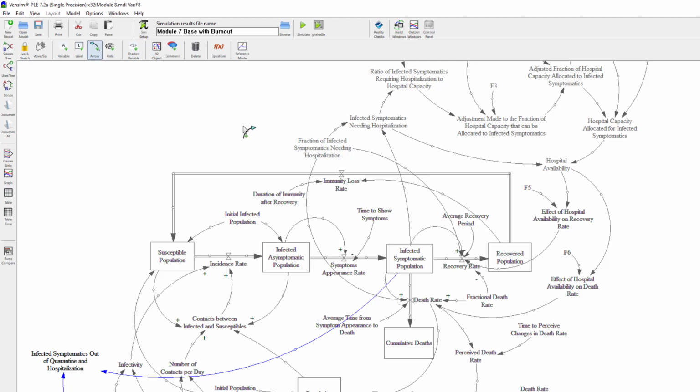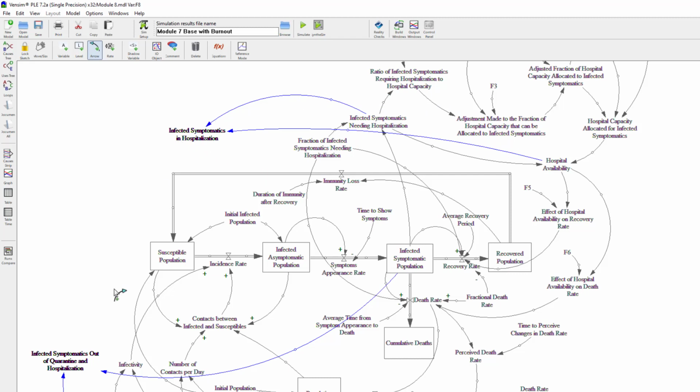So what we're gonna do here is add a variable, infected symptomatics in hospitalization. And that's gonna be determined by how many people need hospitalization and how many hospital beds are available.